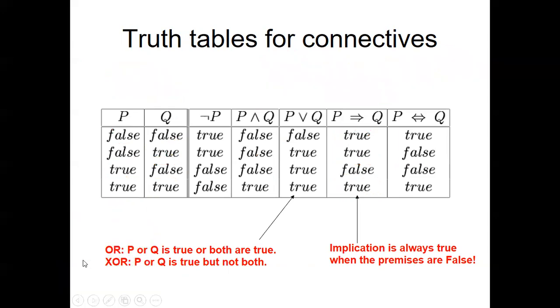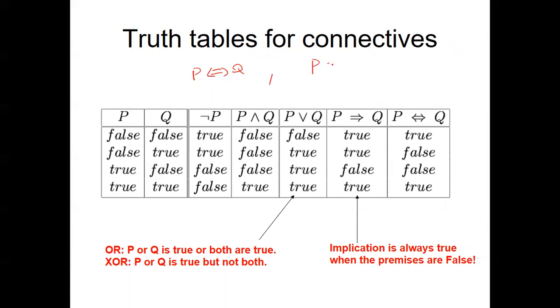So basically it is false only for this case, when P is true and Q is false, because this is the only case which is not acceptable by P implies Q. Other cases are acceptable. Now what is bidirectional P, Q? Basically what does it mean?